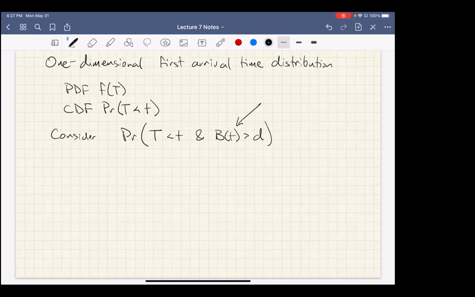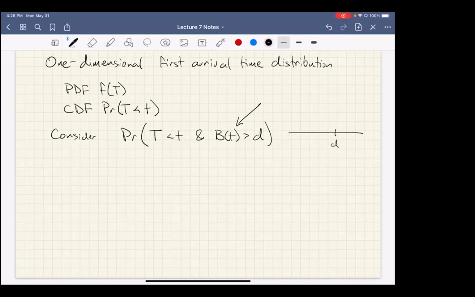The absorbing Brownian motion terminates at the boundary. But mathematically, there's no reason why we can't just allow it to continue. So this will be a Brownian motion that continues after the absorption time. So what's the probability that the first arrival occurred at a time less than little t, and the Brownian motion is beyond the boundary?